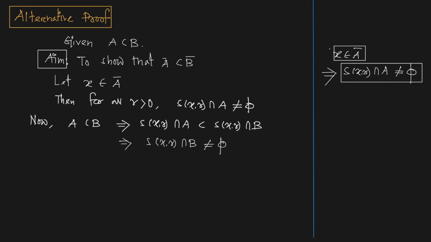Why? Because S(x, r) intersection A is non-empty, so this must be non-empty. Clear?